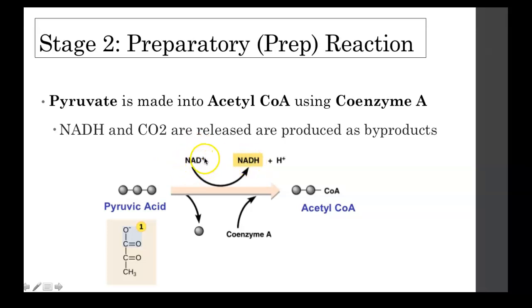It's also going to pick up a hydrogen, and NADH is then going to be able to go to the electron transport chain. So essentially that is the prep stage of cell respiration, and it is needed because we need to break this pyruvic acid down to form acetyl-CoA so that it can enter the Krebs cycle and the Krebs cycle can function properly.